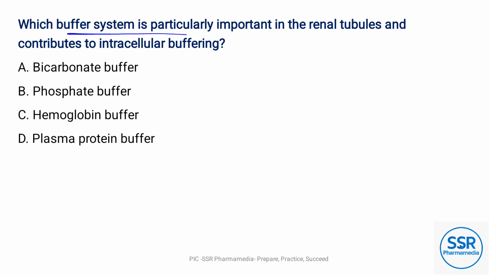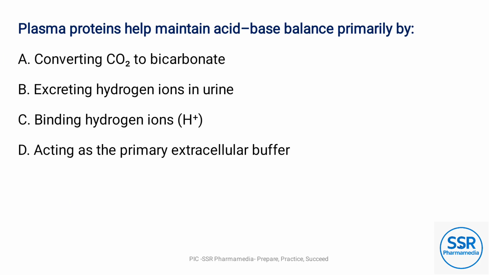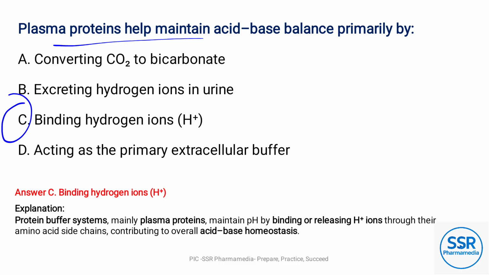Which buffer system is particularly important in the renal tubules and contributes to intracellular buffering? Option A, bicarbonate buffer. Plasma protein helps maintain acid-base balance primarily by, option C, binding hydrogen ions.